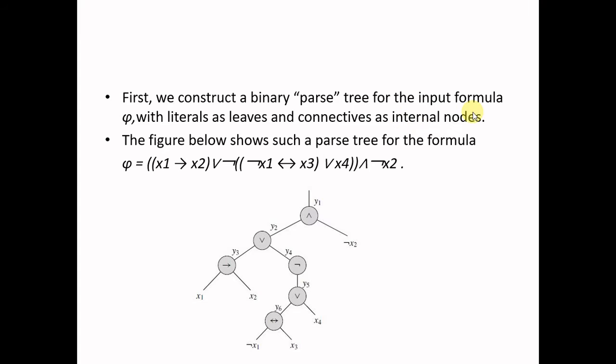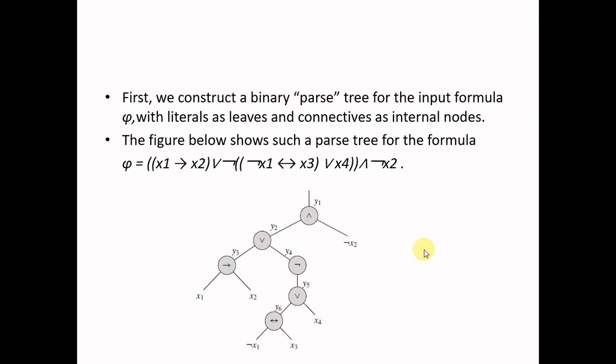Our aim is reducing from SAT to 3 CNF SAT, so we have a Boolean formula that we call phi, and we construct a binary parse tree with this phi. In this tree the literals will be the leaves and connectives will be the internal nodes.